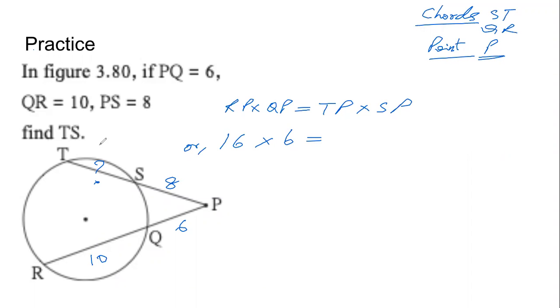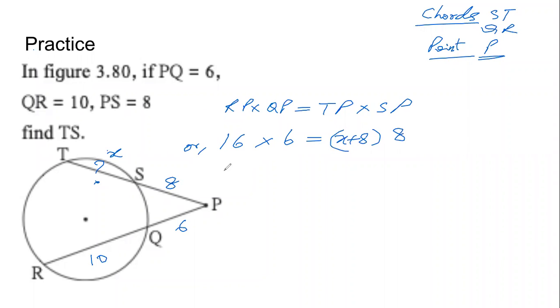TS. So you are taking TS as X. Okay, we can do that. So if we take TS as X, then TP will be X plus 8 and our SP is 8.